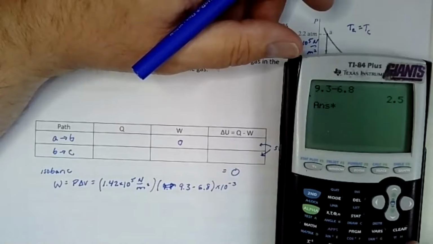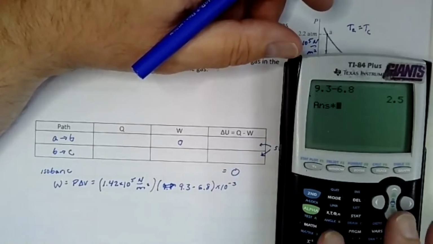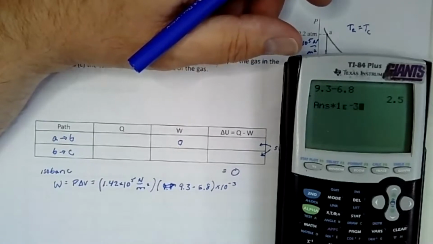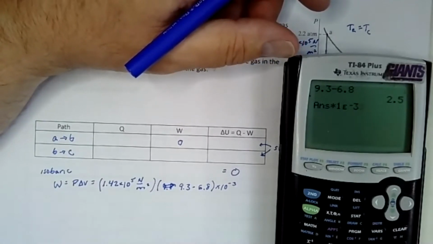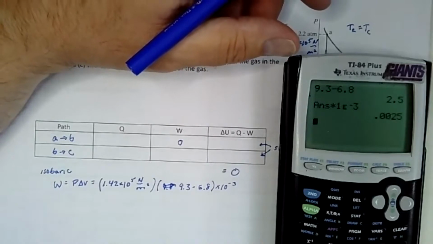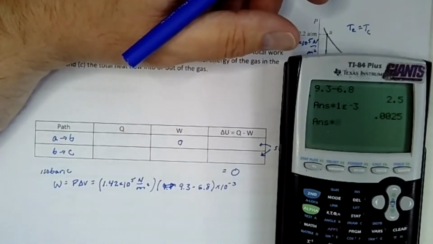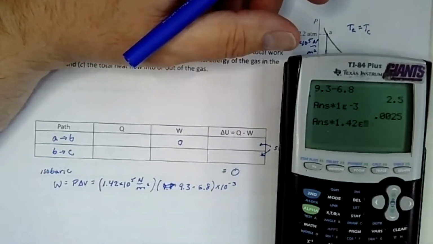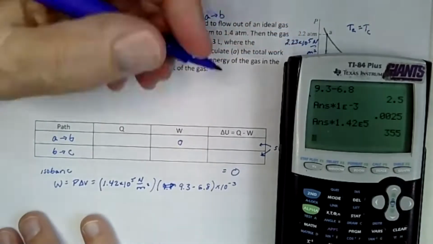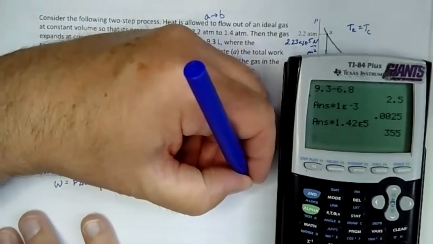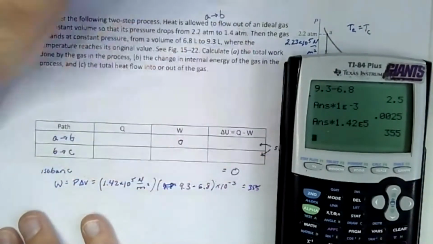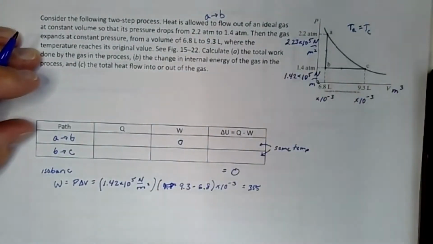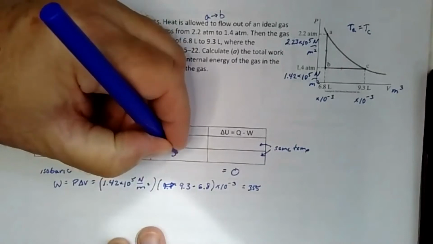So I could do 10 raised to the minus 3 power, but here's a smarter way to do it. 1e minus 3. That's scientific notation for 10 to the minus 3. Right, that's what we were looking for. Times 1.42e5. And that's 355. So we'll move that off and we'll fill in 355 here.